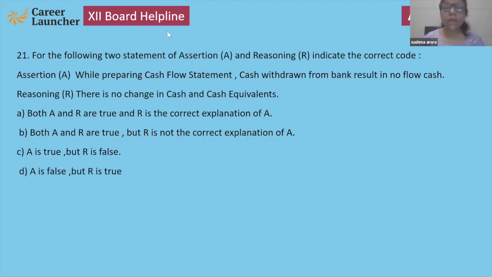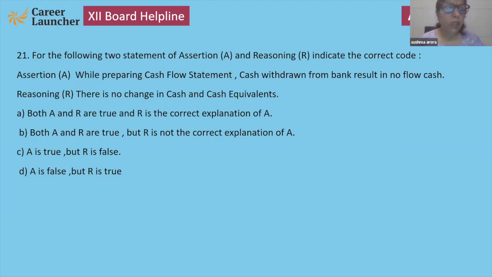Yes, please. Yes. Very good, Rishika, Medha. Very good, Rishika Rajani, Medha. Yes, Tanishka, very good, bacho. Keep it up. While preparing cash flow statement, cash withdrawn from bank results in no flow of cash, and the reason is there is no change in cash and cash equivalent.